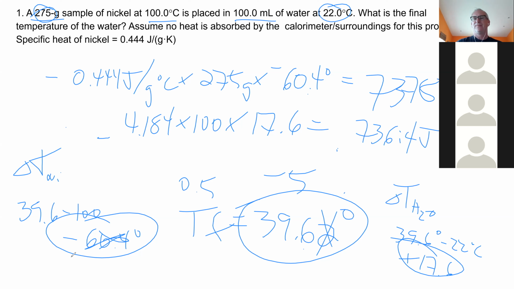Yeah, so it's pretty close. You may not get it exactly because since we rounded to 3 digits, it's not going to be exactly the same. If our temperature was like 4 or 5 digits, it'd be exactly the same. But this is pretty close. So 73.75 joules versus 73.64 joules.